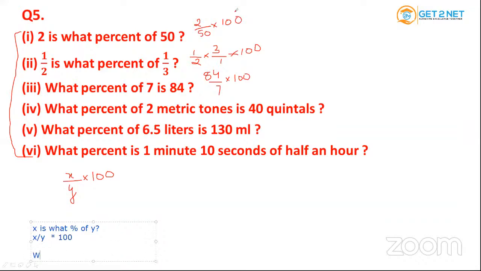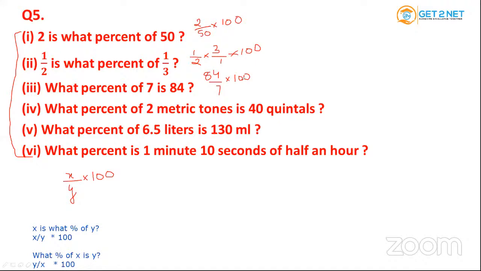Suppose it is asked, what percent of X is Y? So your answer will be Y divided by X into 100. Okay. So what is the answer? 7, 12, 1200.